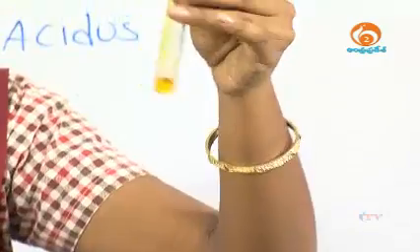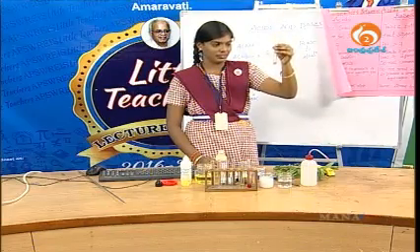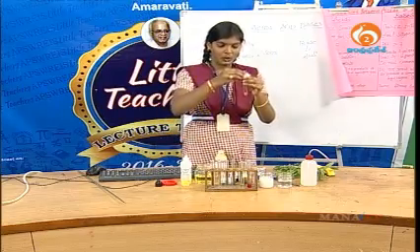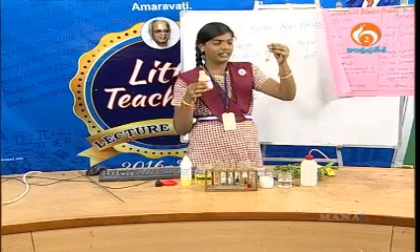Observe, it changes to yellow color in bases. We take methyl orange, slowly add it to the base, and it turns yellow.